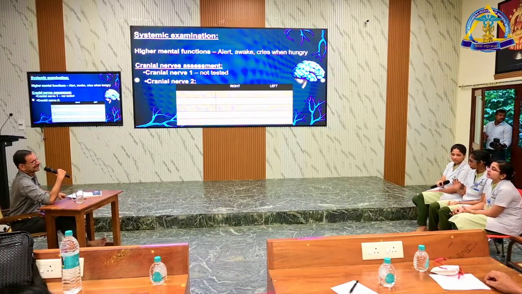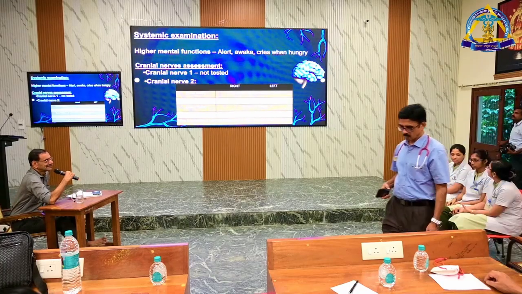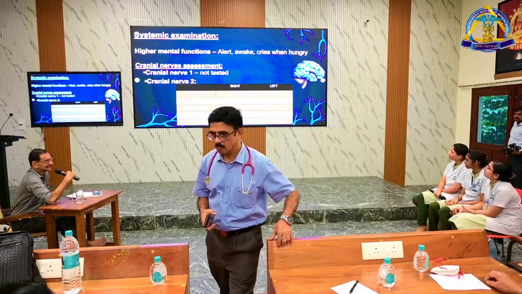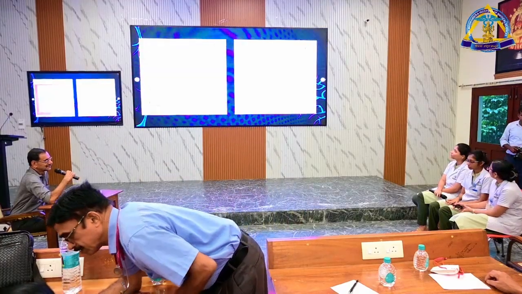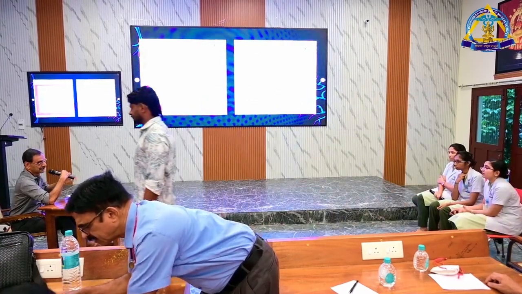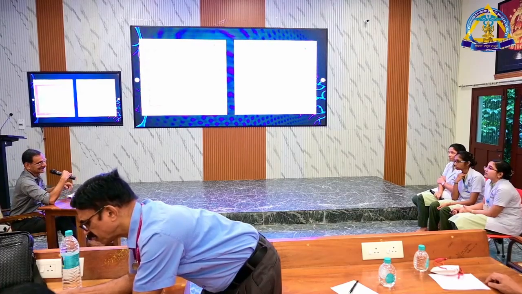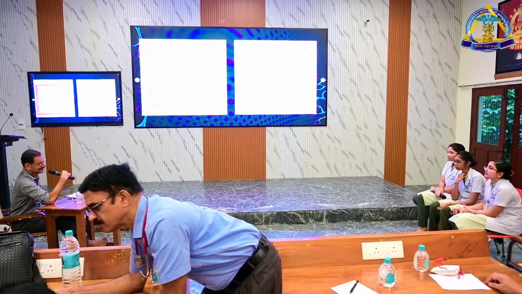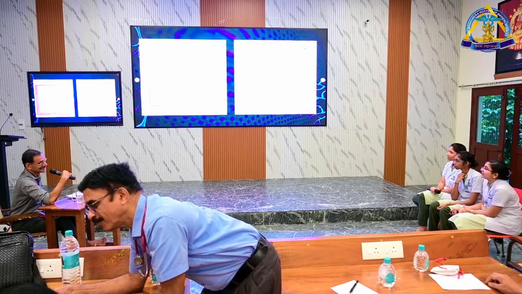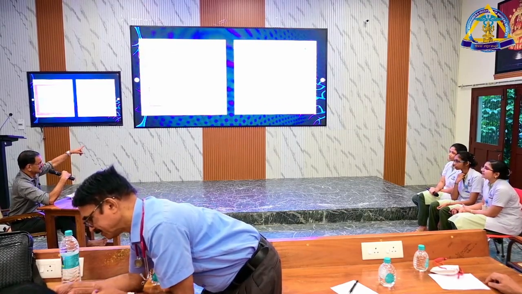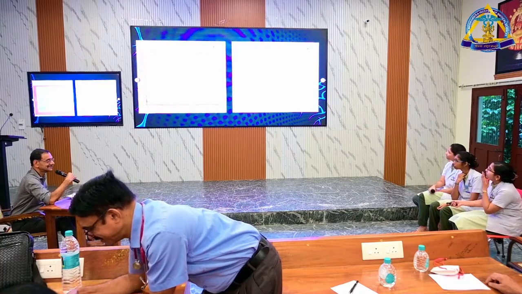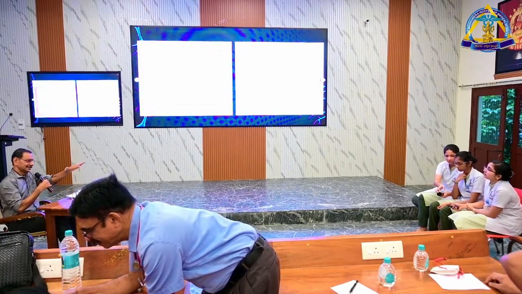So why is it so? Because cerebral palsy by definition is a predominant motor delay, right? Here it is predominant delay in areas other than motor. I was just asking, not very important for undergraduates to study. Okay, no issue, no issue.